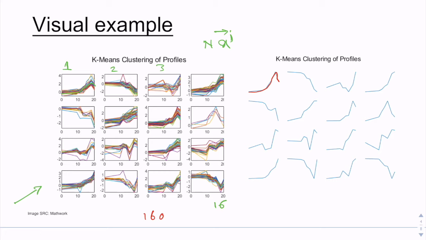If you have, let's say, k vectors, you sum up all these vectors element-wise, and then we divide by k, the number of vectors. This is how we compute the mean or center of clusters.